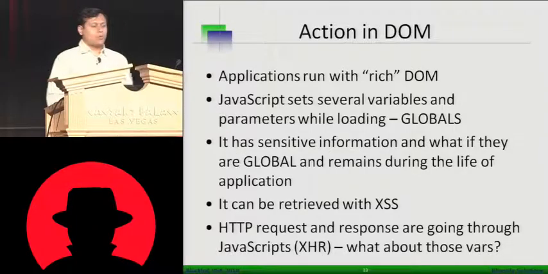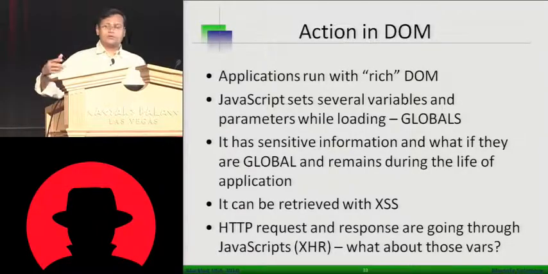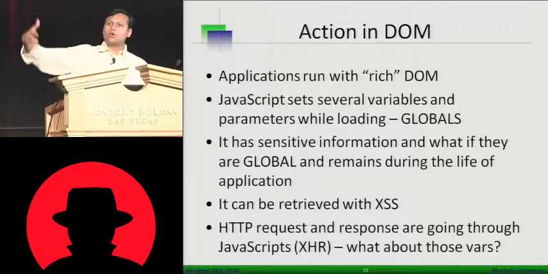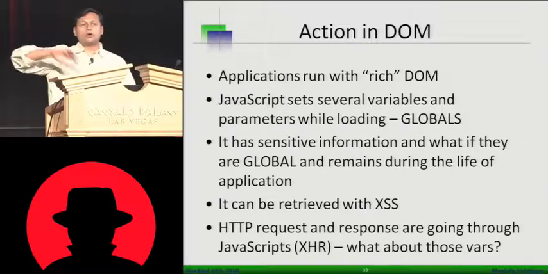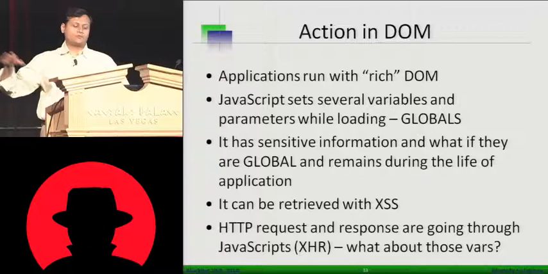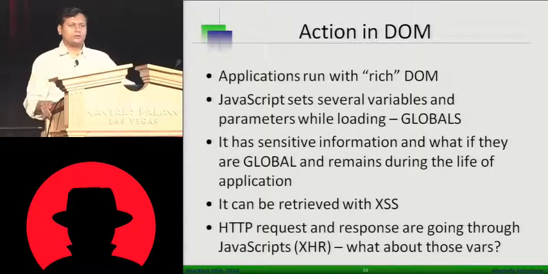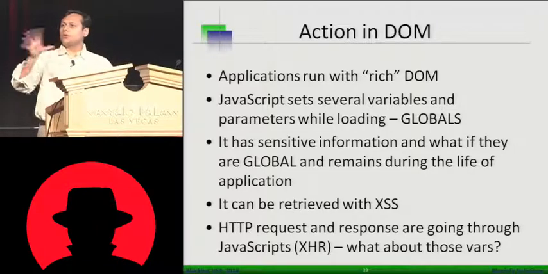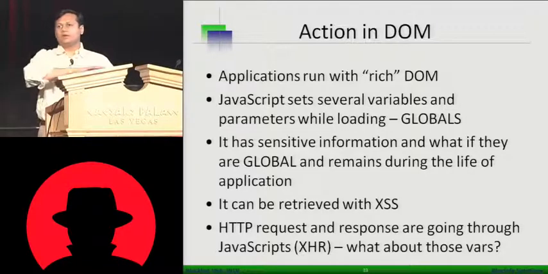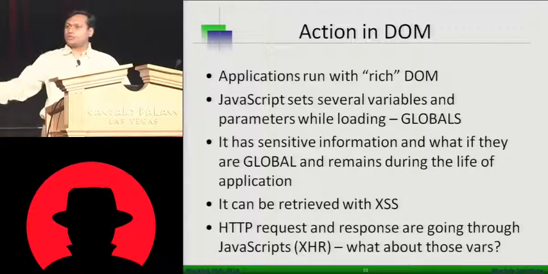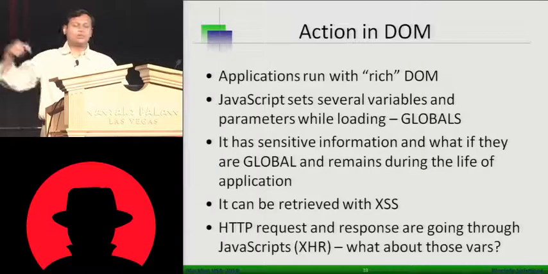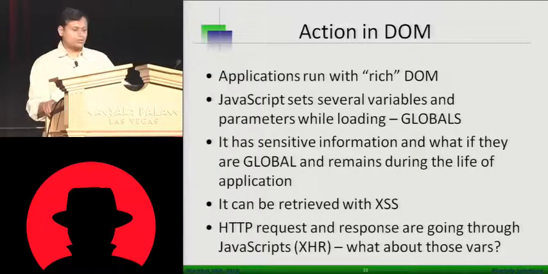So now what we have over here is an application running with a rich DOM. When you load the application, it loads a lot of different global variables. Say, for example, you go ahead and log into Google and try to see what kind of global variables are loaded in the browser. These global variables are essentially available throughout the application. So you have DOM-based cross-site scripting, and then you can start accessing these global variables depending on where your call is going.